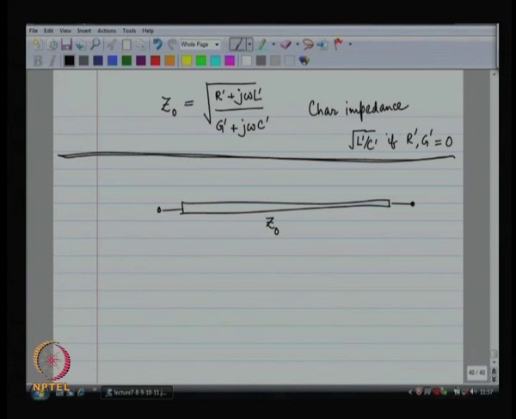Right. In any case, the real part of Z naught can be approximated to this quantity. As an engineer, you do back of the envelope computations and you can approximate the real part of Z naught to this particular quantity. Fine.